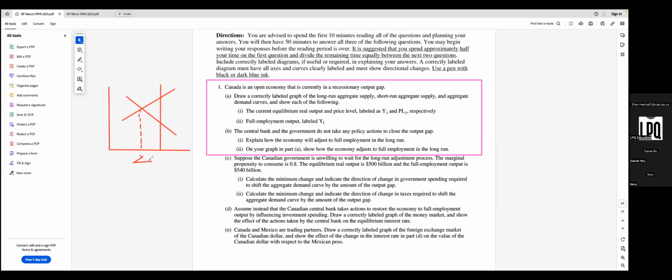So this one is Y1, and then this one is Y, the potential GDP. And we label this one by PL. Okay, this is question A.